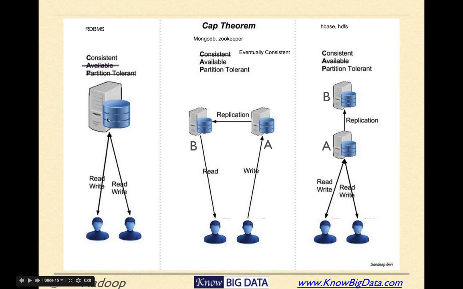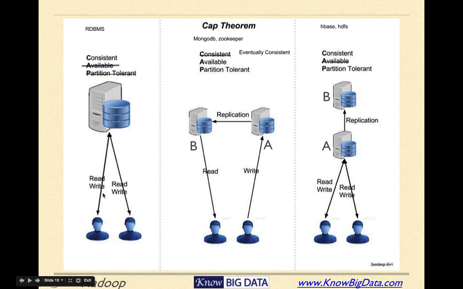All the users are reading and writing to this single machine. Since it is the one receiving all the requests from all the users, it is consistent, meaning whatever a user writes, if they try to read the same data, they will get the most recent data. They would not receive stale data.